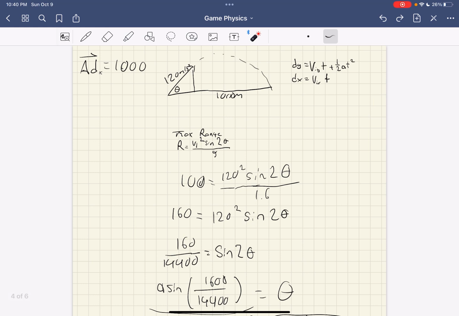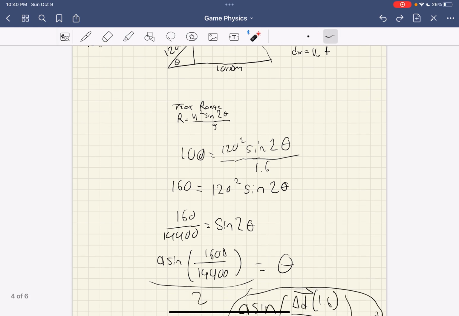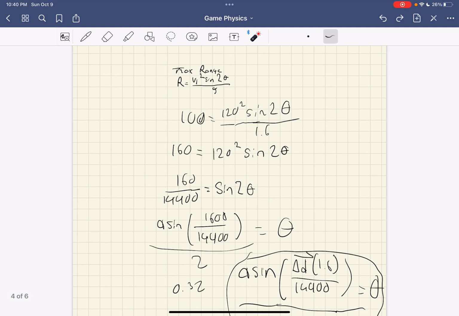Going on to part 2, a lot less writing here. We are calculating not for 1600, but for, oops, we'll just fix that.